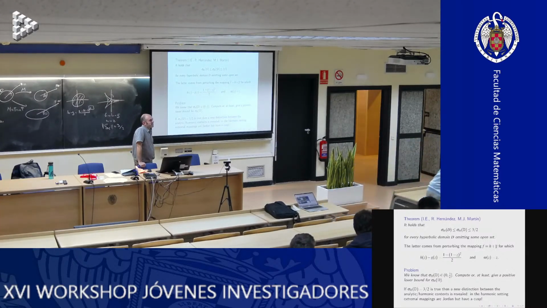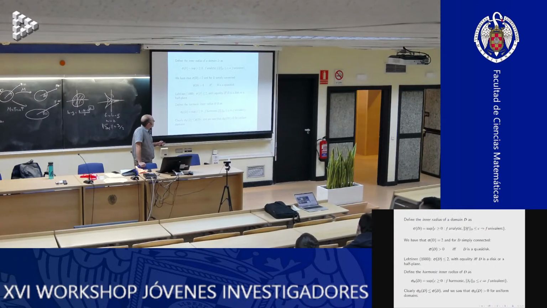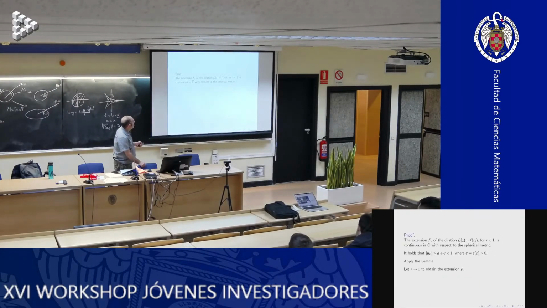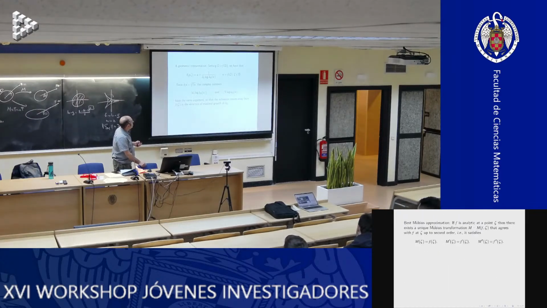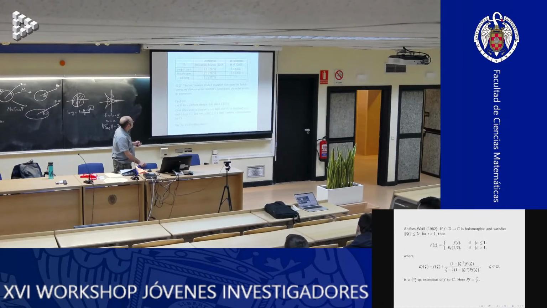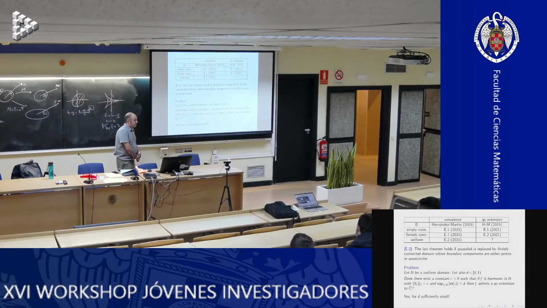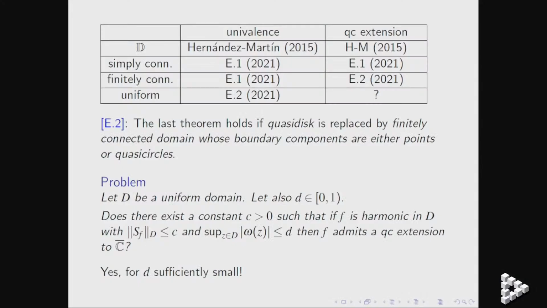In the previous slides, there was an open problem and you say for small d. I can prove that, given a uniform domain, there exists a number d such that if omega is less than this d, then f admits a quasi-conformal extension.